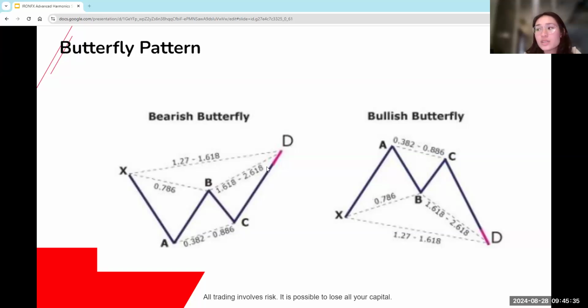So again, here you are seeing that same Fibonacci extension level. That's why we went through your Nike tick shape, because you can see very clearly how it would work on some patterns as well. And lastly, of course, your CD is a 127 to 161.8 extension of your XA.